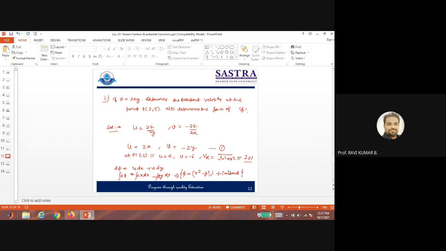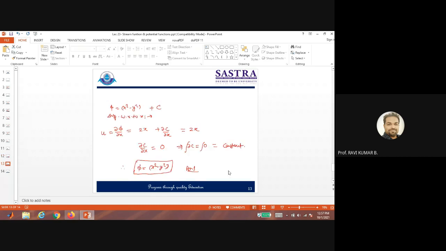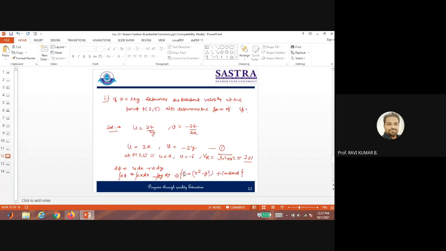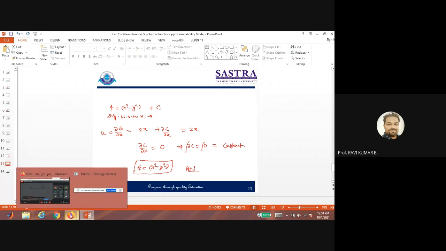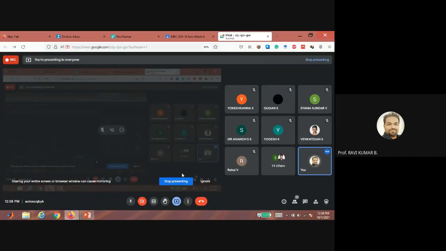You will get a constant, find out the value of the constant, then put the value of the constant back in the equation, and finally you predict the final form of psi. So this I am giving you as homework. You try from your end. If we replace psi by phi, what will be the form of psi? You do that yourself. So any questions, please respond.